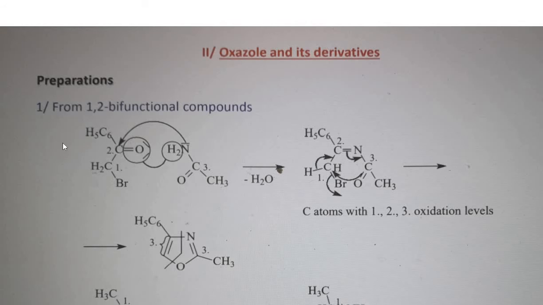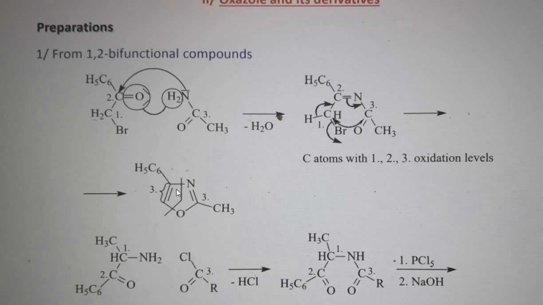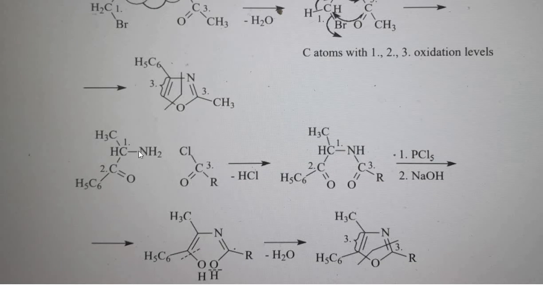Now oxazoles. Again, starting from here, how you are making this carbon atom with 1, 2, 3 oxidation level, and then you are getting this ring, and this is your product. Again, if you start from here, you will get this.